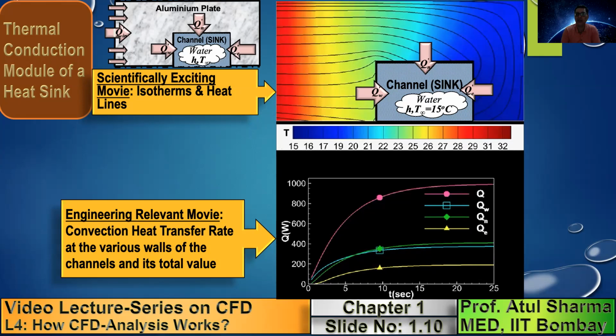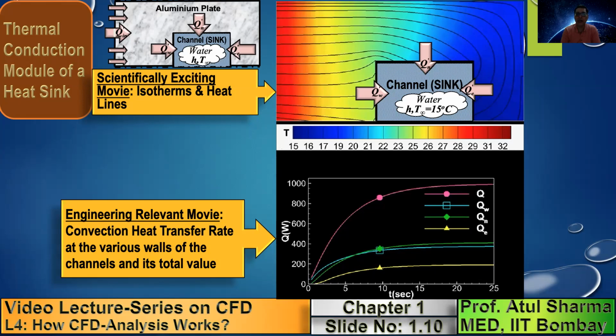So the temperature gradient is small. And you find that the large temperature gradient is relatively large as compared to the east wall. On the west wall and the north wall, the temperature gradients are larger. Note that the lines which are shown here are called heat lines, and they correspond to the path or road for the transport of heat.